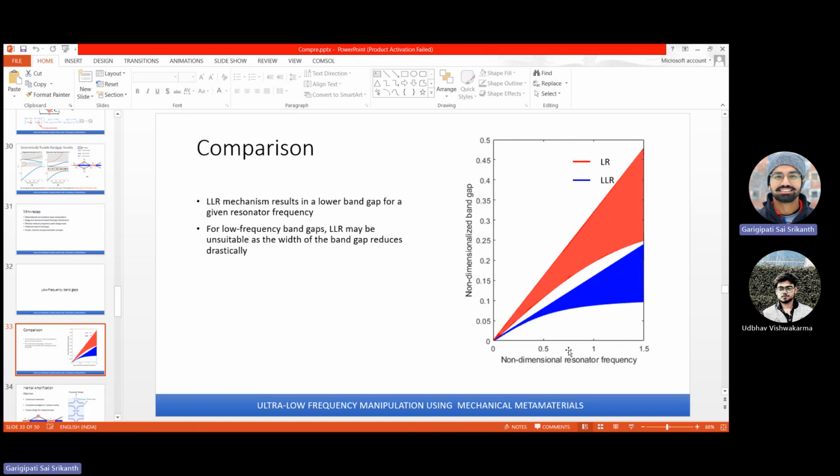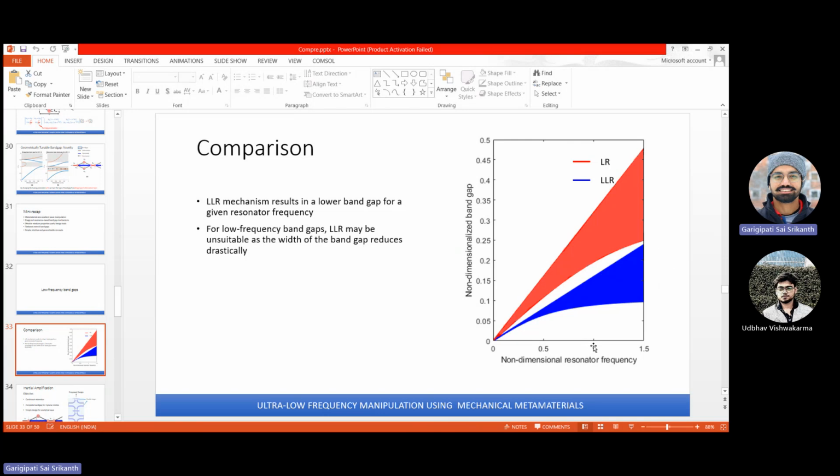So when the resonator frequency is, let's say, 1, then in the lateral local resonance we see band gap somewhere here. In the local resonance we see somewhere here. The resonator frequency is 1.5, we see something like this. Obviously, since the resonator frequency is increased, we see that the band gaps go higher and broader.